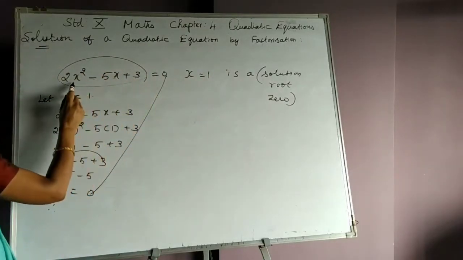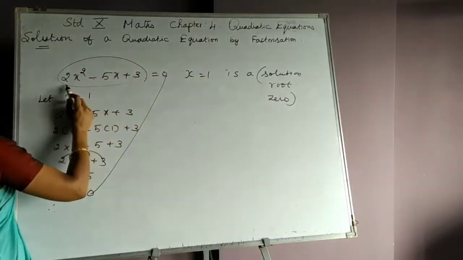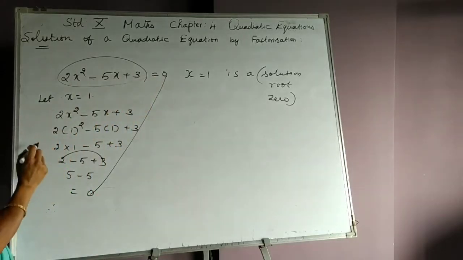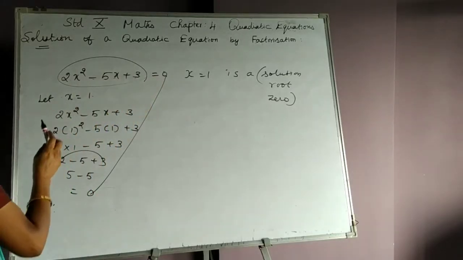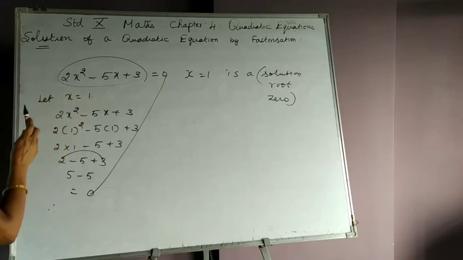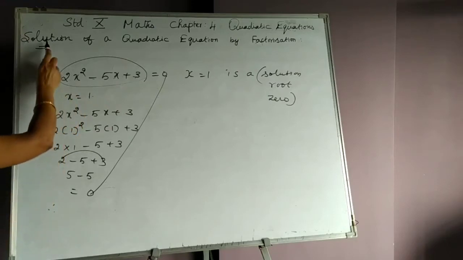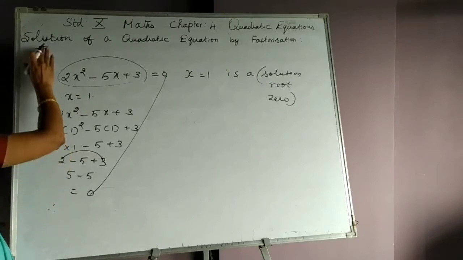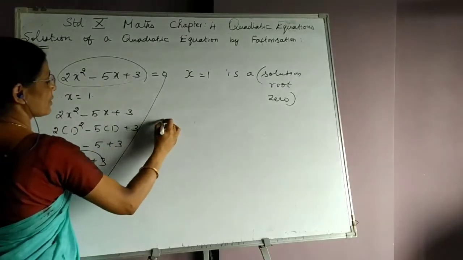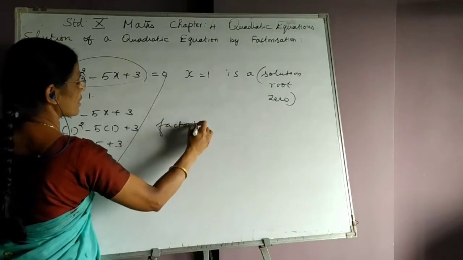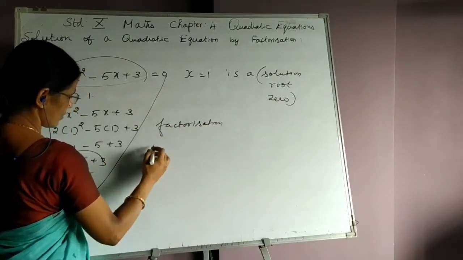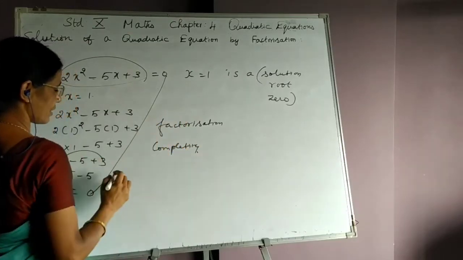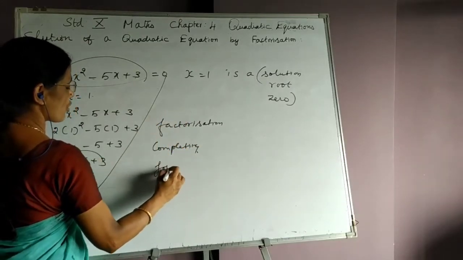So the value of x which makes this equal to 0 is called a solution. The value of x which satisfies the given equation is called the solution of a quadratic equation. There are many methods to find the solution. The different methods we are going to learn are the factorization method, completing the square, and third, the formula method.